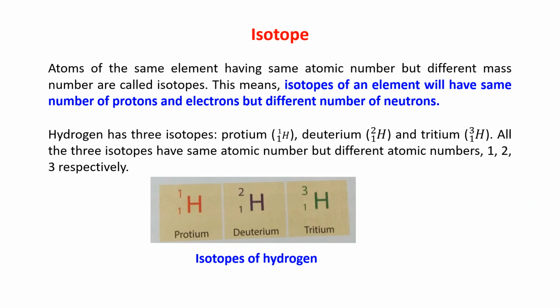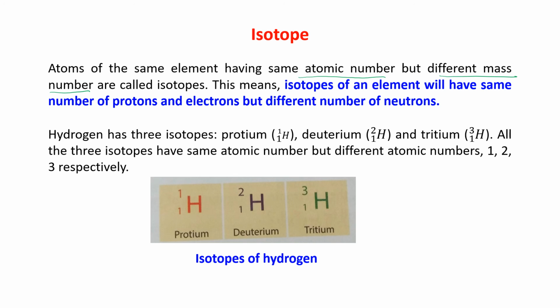Isotopes. Atoms of the same element having same atomic number but different mass number are called isotopes.